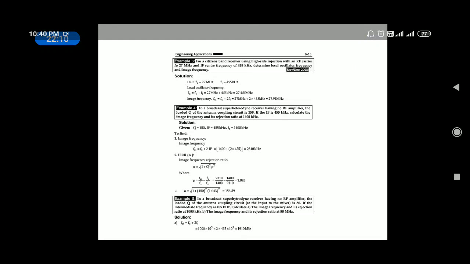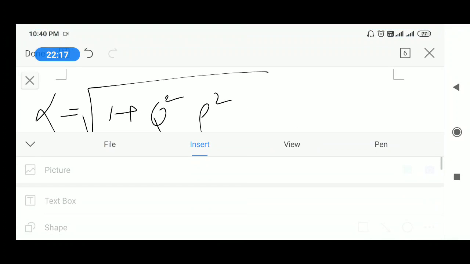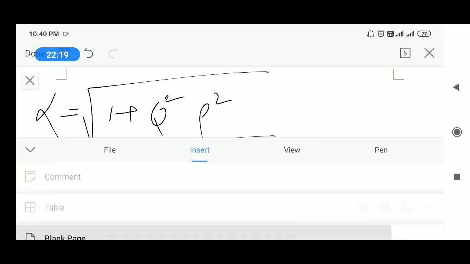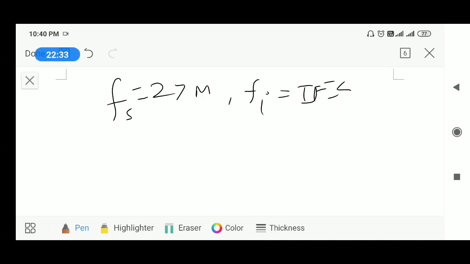I'll take an empty page so that you can solve the problem on the page. In example 3, they provided Fs equal to 27 megahertz and Fi, that is IF, equal to 455 kilohertz.